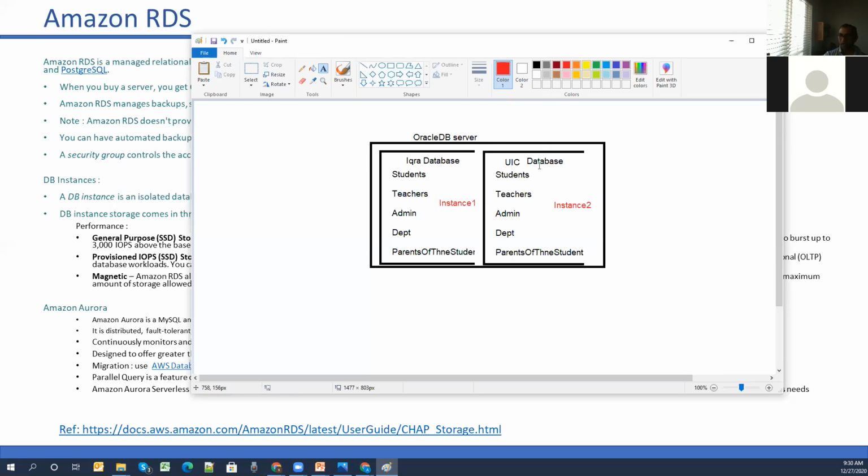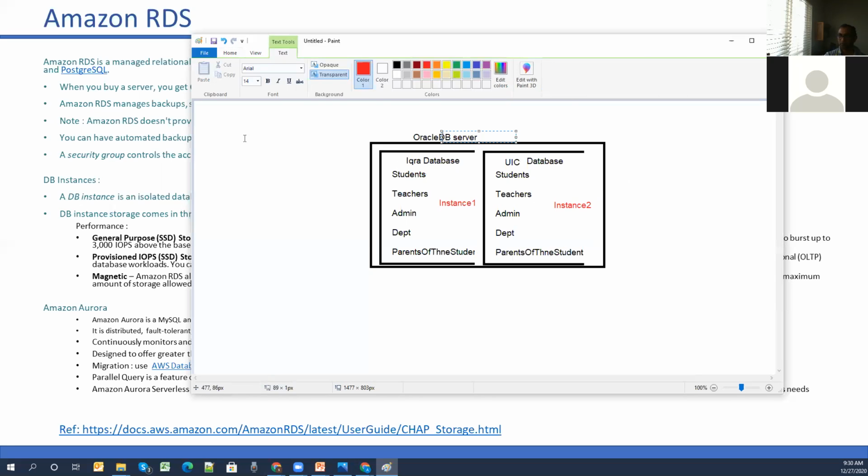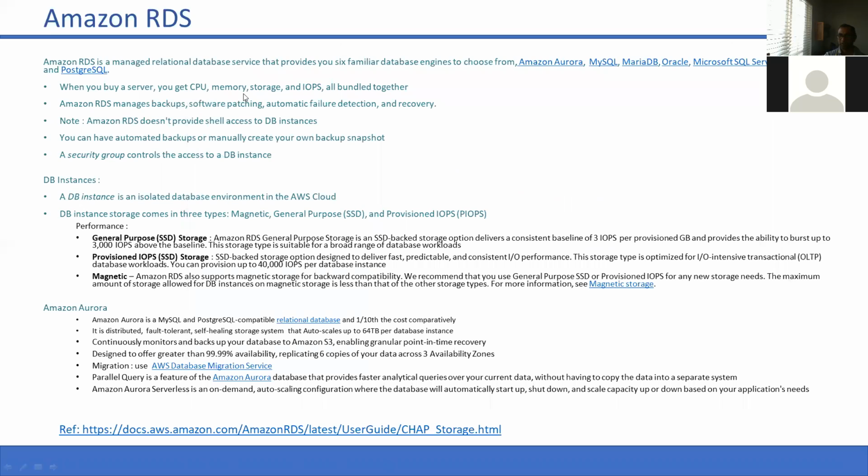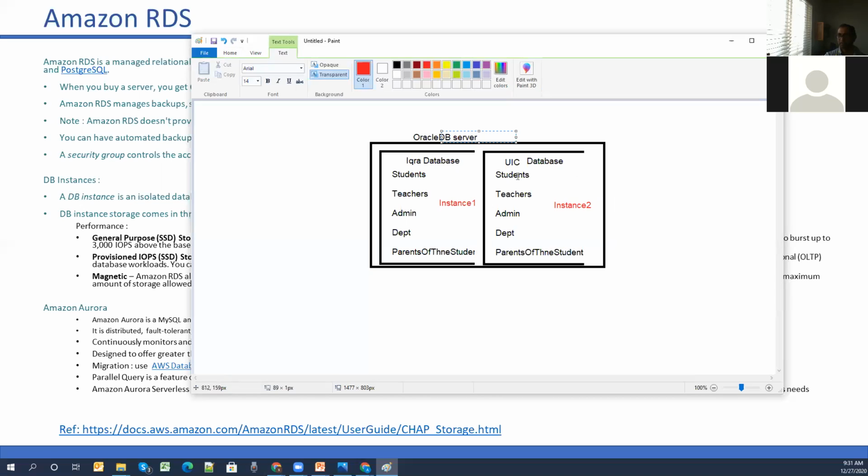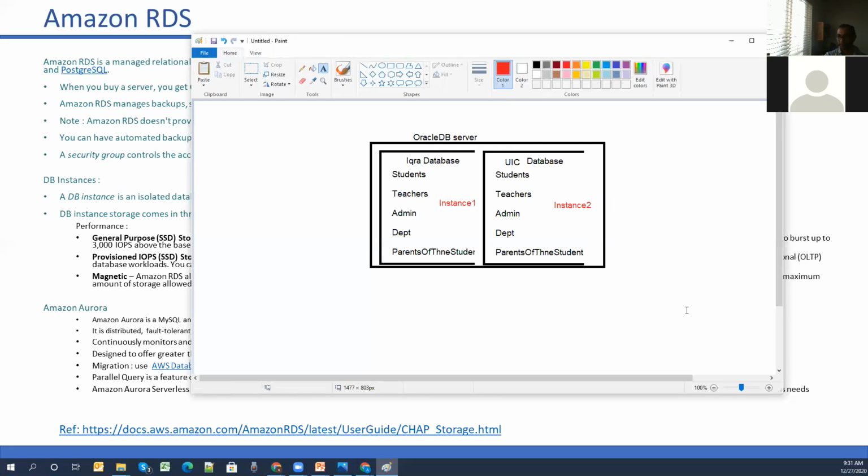However, both instances use the resources of this database server. What are the physical resources? You have the CPU, the memory, the storage, all those things of this database server being used. Now, with AWS and Oracle, everybody on the cloud, earlier you had to create a server, then you had to create a database server.